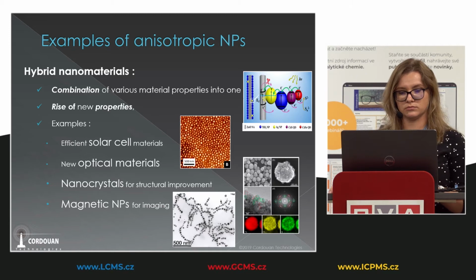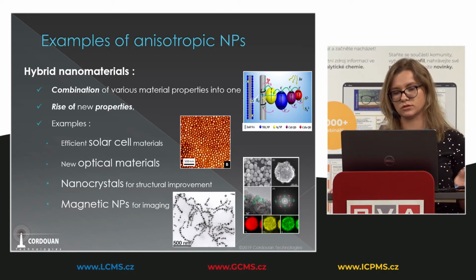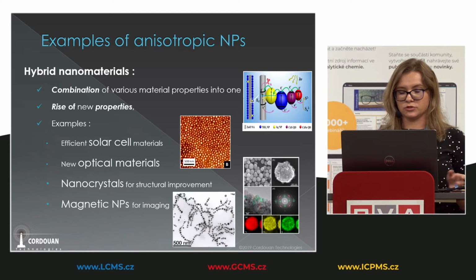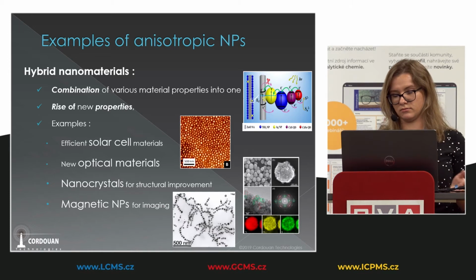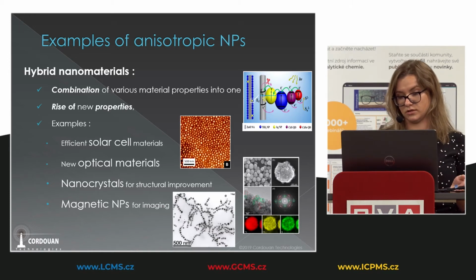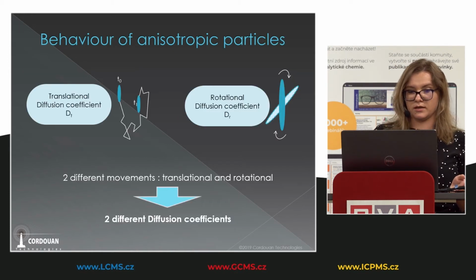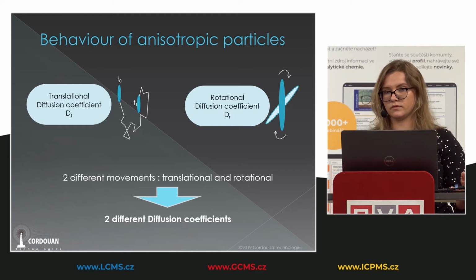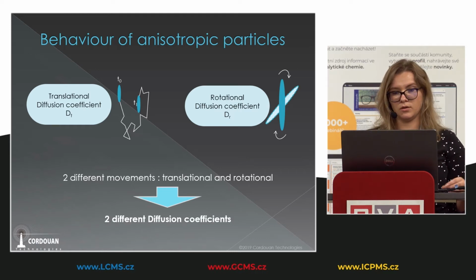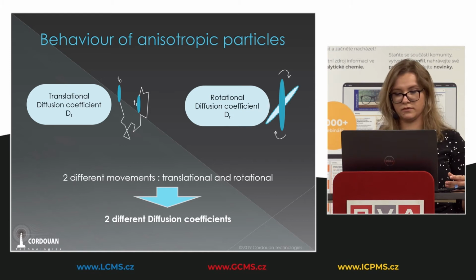As I said, it's for some advanced materials, for optical materials, for solar cells, just to produce materials with a combination of different properties. And mainly all these materials are made of anisotropic particles. If we look at the motion of this particle in the suspension, we can consider different ones.